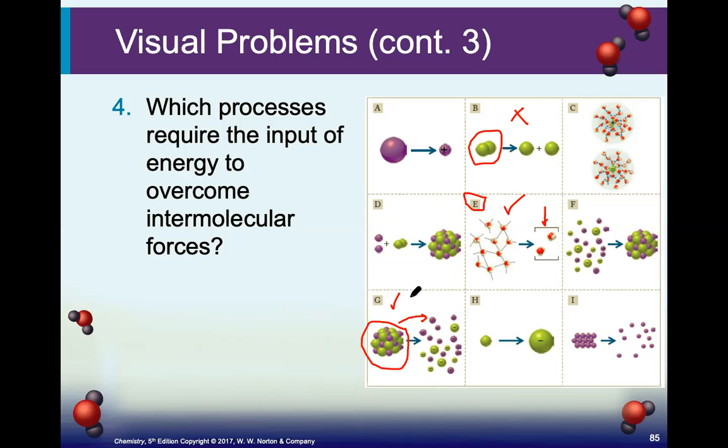The book I'm going to put a question mark on, because the book doesn't include ion-ion as intermolecular. But that's just a matter of convention, so it depends on which convention you follow. So this is a little bit indefinite. To me, yes. Okay? Any more questions on this one?